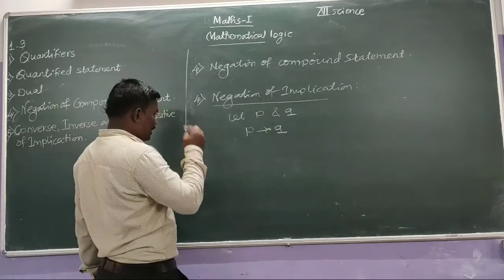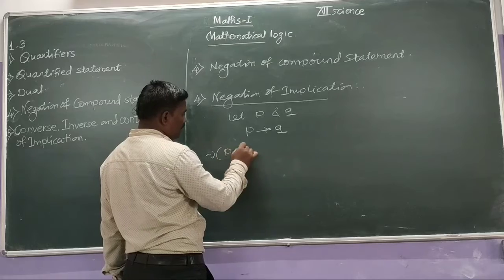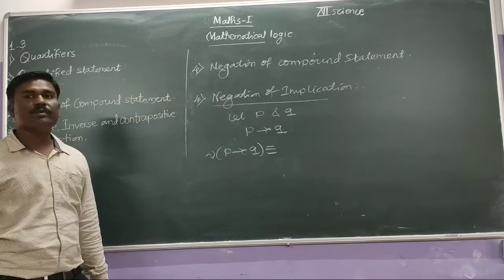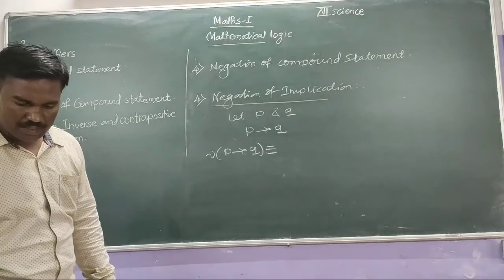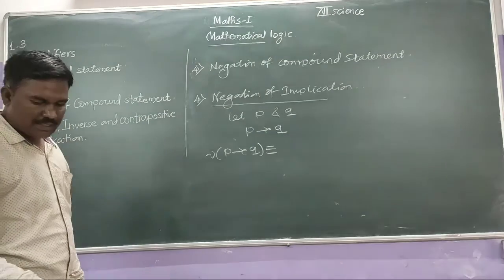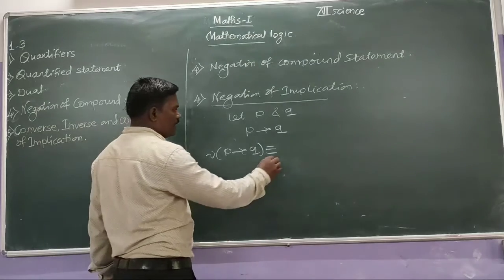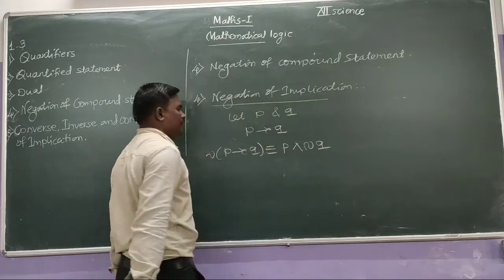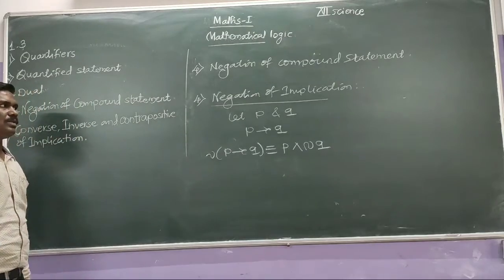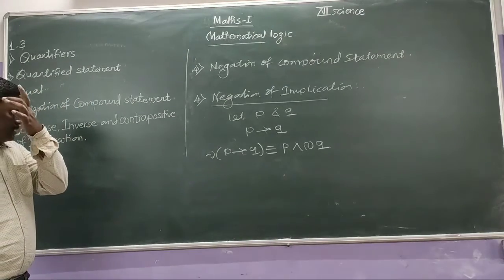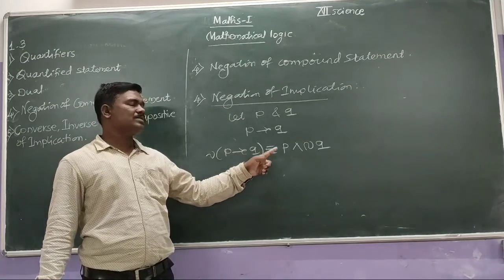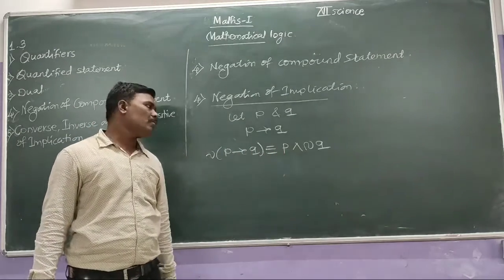Negation of P implies Q is equivalent to P conjunction negation of Q. So here, negation of P implies Q is equivalent to P conjunction negation of Q.